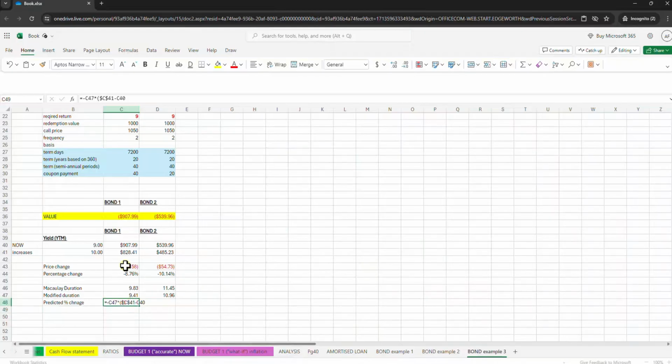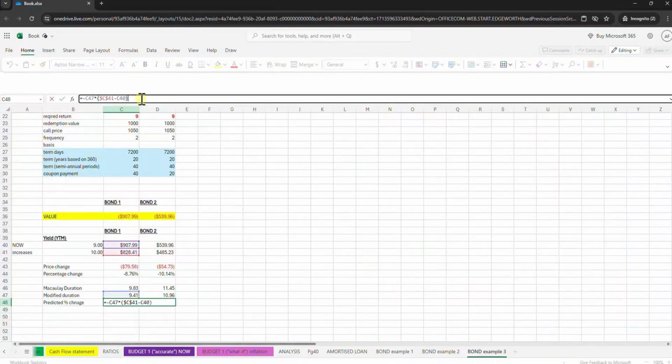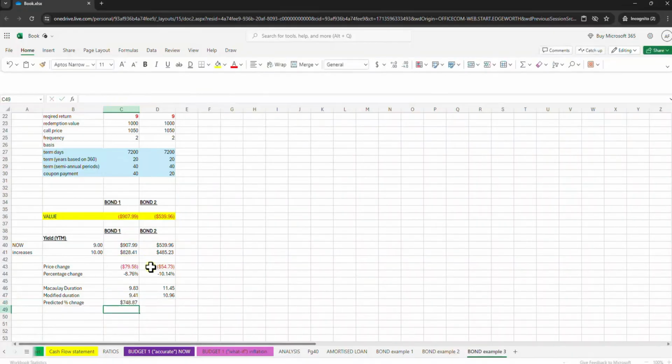Oops, what am I missing? A bracket. I want to fix the cell as well. Enter. This was a percentage, eh? Oh, I see. Their table is different now. This is 9.1%.